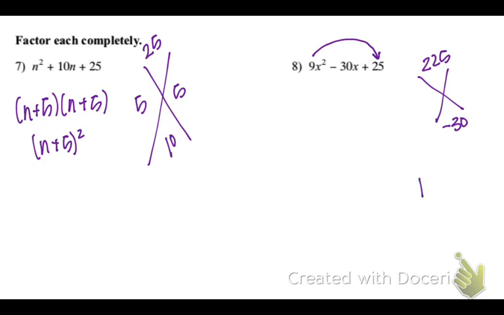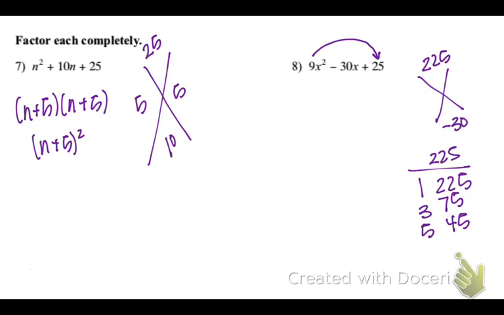Let's do 1 and 225, 3 and 75. 4 doesn't go into it. 5 goes into it 45 times. I don't think 6 goes into it. What about 7? 8?